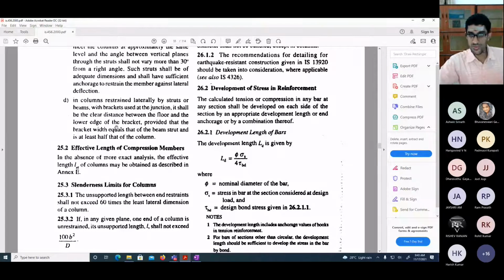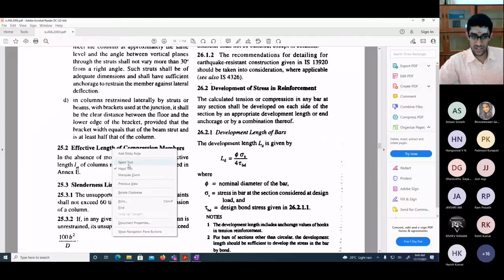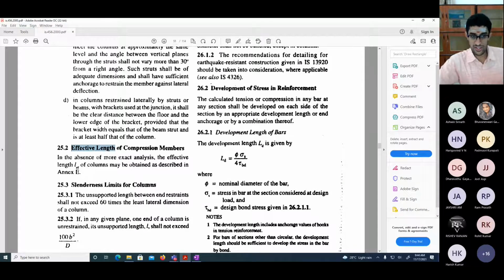I think you would have heard of effective length already once, I suppose. Have you heard of this word anywhere else in mechanics of solids? Have you come across effective length in mechanics of solids? It's a simple yes or no question.